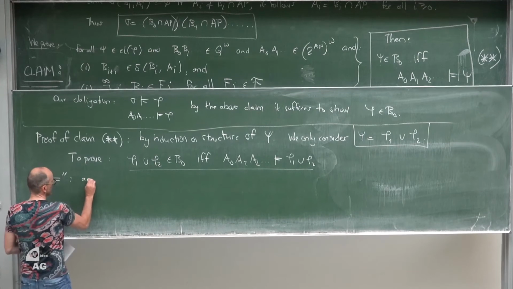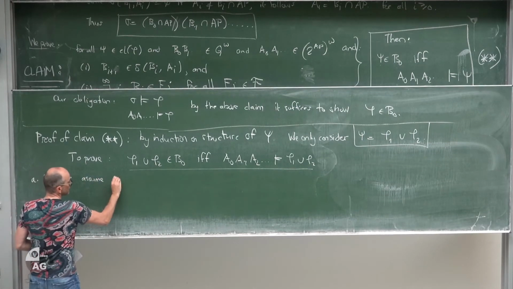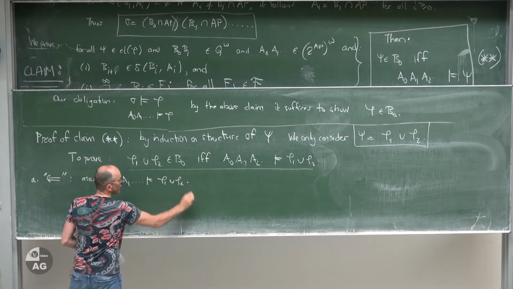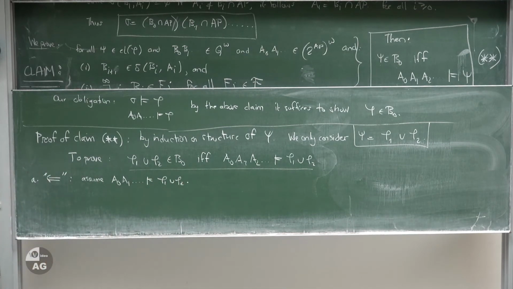So assume A0, A1 satisfies phi 1 until phi 2. Good. What does that mean?